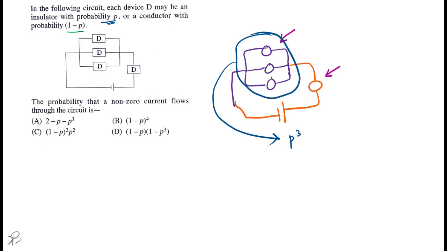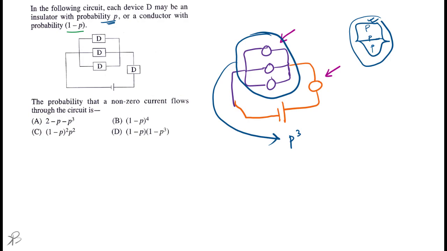Why? Because just think, suppose 3 circuits are in parallel. If one of them behaves like an insulator and any one of them behaves like a conductor, it will still work, right? So when they are in parallel, the probability that it will behave like an insulator is P cube, because all of them need to be insulators in that case.